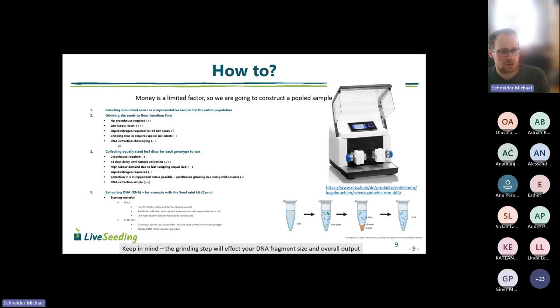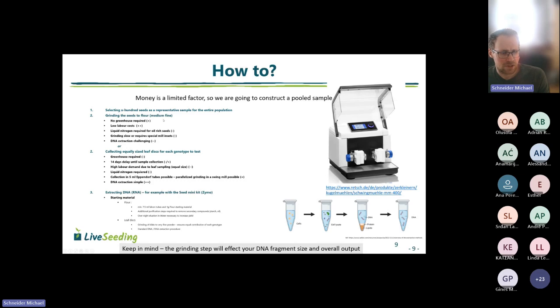Of course, this is not feasible in a real-world scenario. Therefore, you try to get as close to this ideal case as possible, and you can achieve this, for example, by cutting out equally sized leaf discs, which is quite labor intensive.